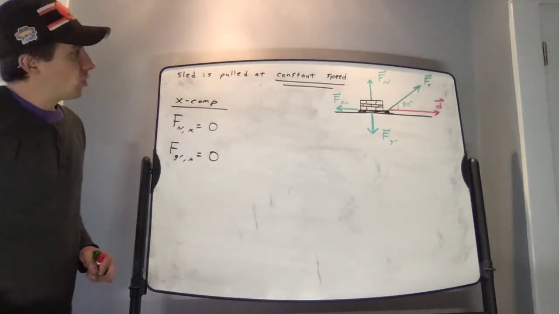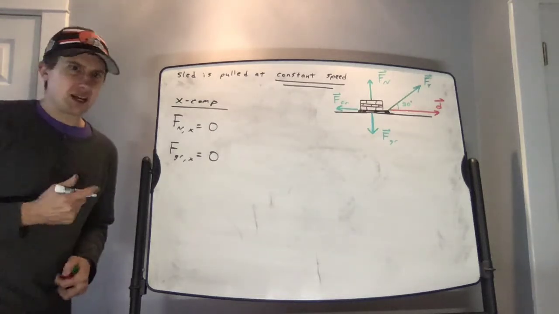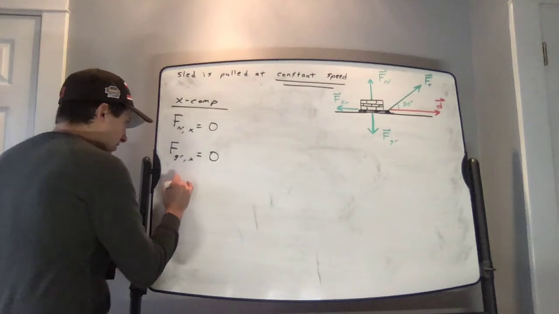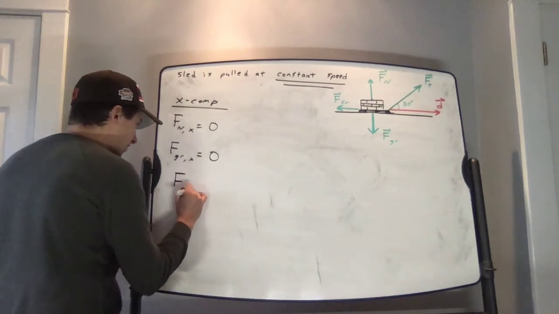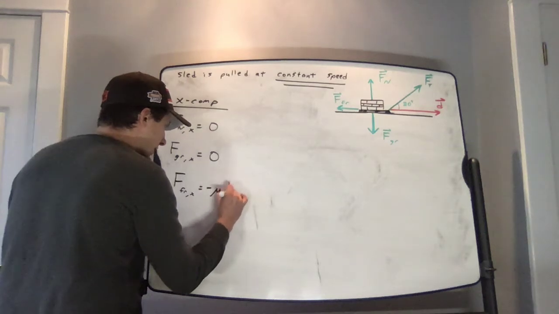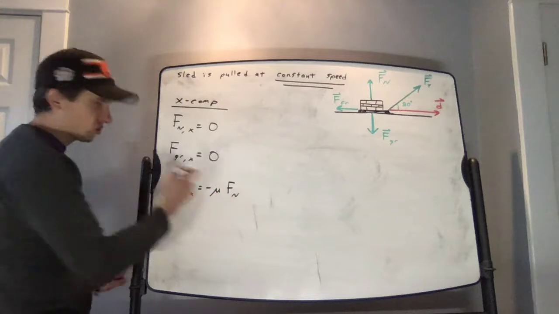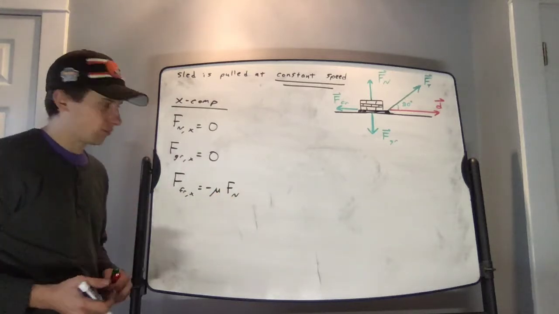I do not know what the x component of the force of friction is, but I can say that the force of friction in the x direction will be equal to negative mu times whatever the normal force is, in terms of the total strength of the normal force.